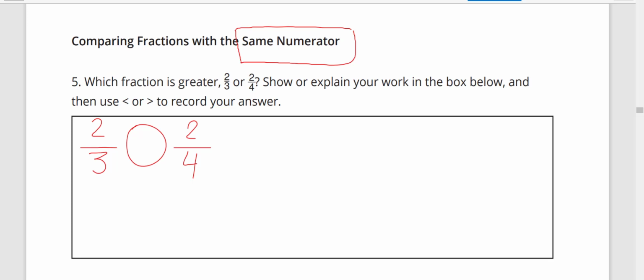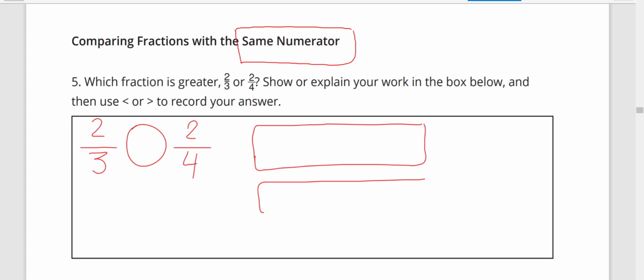First, draw two models to represent these two fractions. First, one whole and another one whole. Divide the first whole into three equal parts and shade two parts.